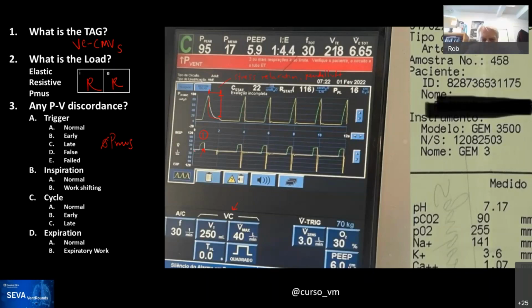One of the questions, Rob, that they're having, and you're really good at explaining this, is why the peak flow for the same tidal volume is so small here versus this one over here. Well, you have to think of the things that are contributing to the peak flow.